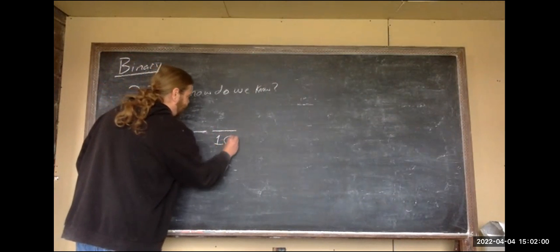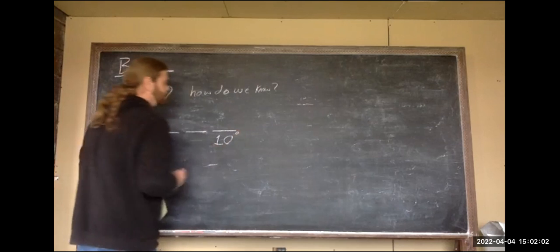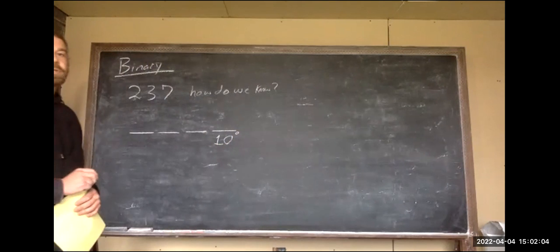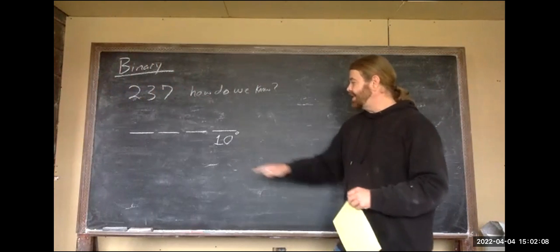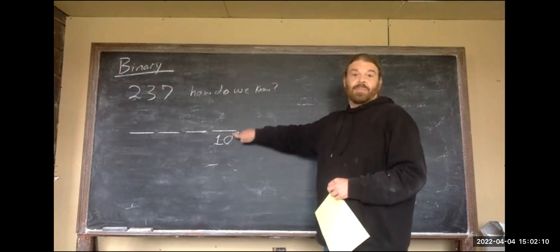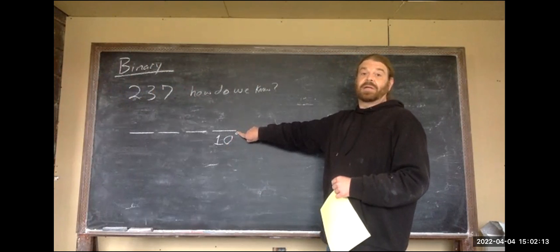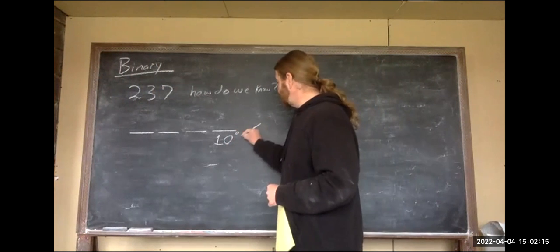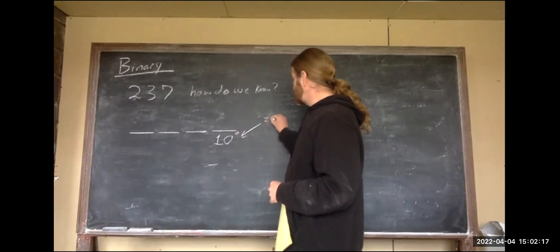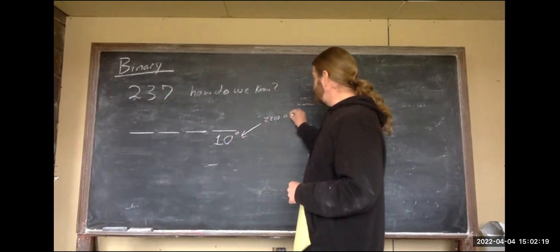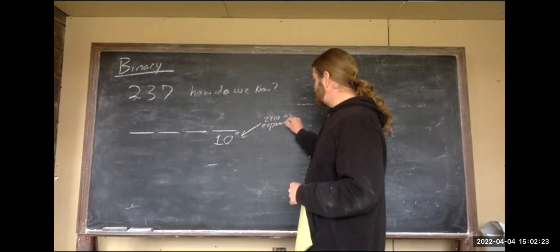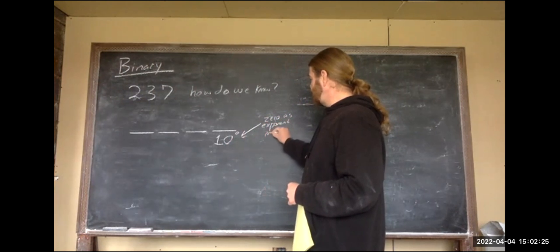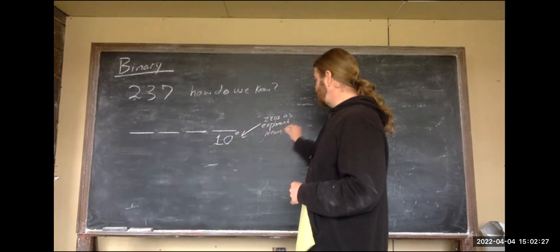First, we have 10 raised to the 0 power, which is a rule from mathematics that you may not have heard recently. Anytime we have 0 as an exponent, that means 1.